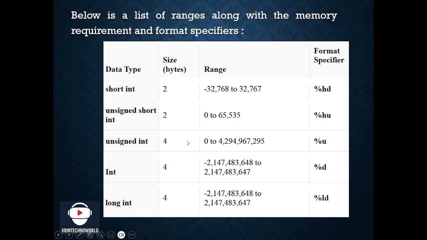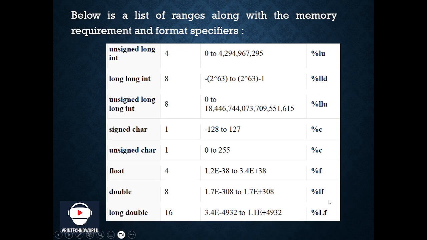So for unsigned int, the format specifier is %u. In case of int, you know that the format specifier is %d. In case of long int, the format specifier is %ld. Okay, all right. And in case of unsigned long int, the range has been increased, as well as the format specifier is %lu.